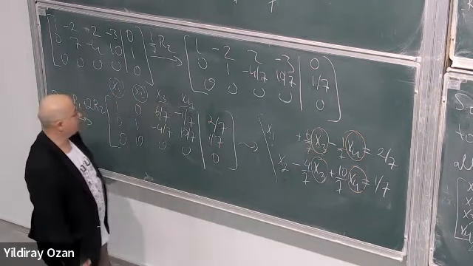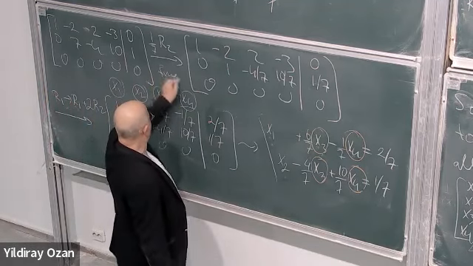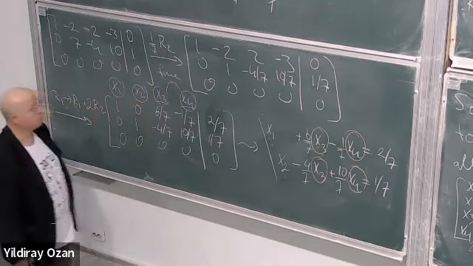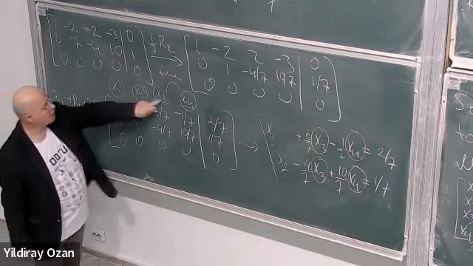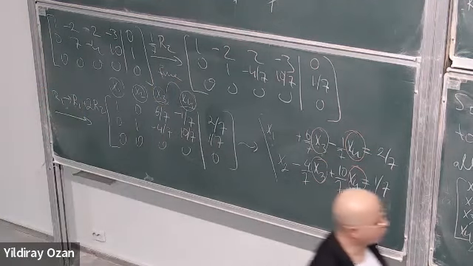We have two free variables. That's why we have a two parameter family of solutions. I call one of them s, the other one t. So we have lots of solutions.